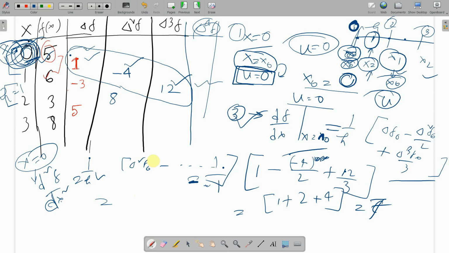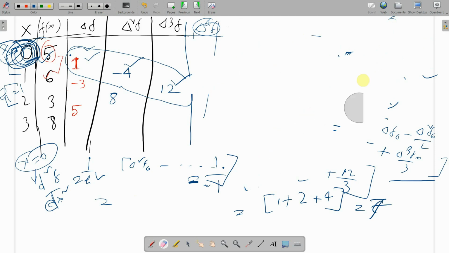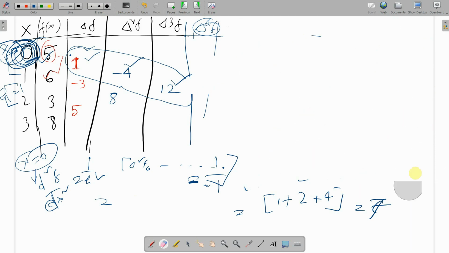Tell me the value here. Yes, the value is coming around minus 16.